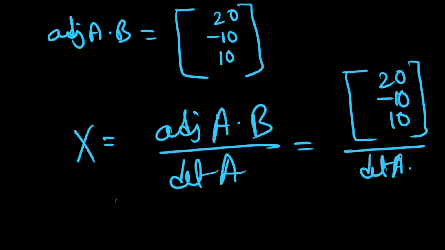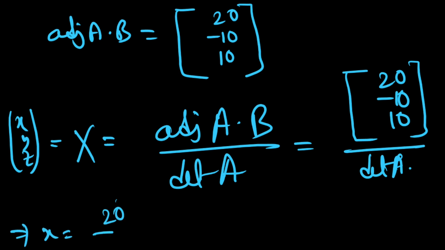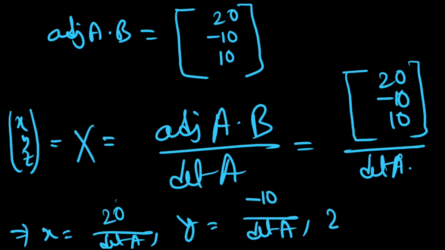So this matrix is equal to X, which is (x, y, z). So x is equal to the first component, 20 over the determinant of A. This implies x is equal to 20 over the determinant of A, y is equal to minus 10 over the determinant of A, and z is equal to 10 over the determinant of A. So we got x, y and z, and the determinant of A we know is plus or minus 10.